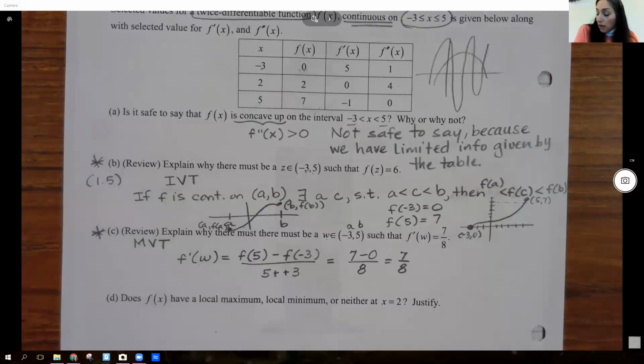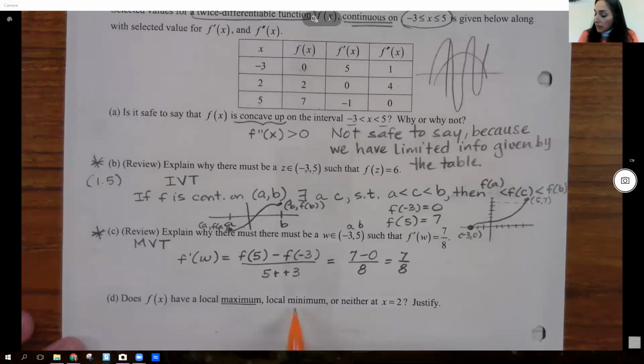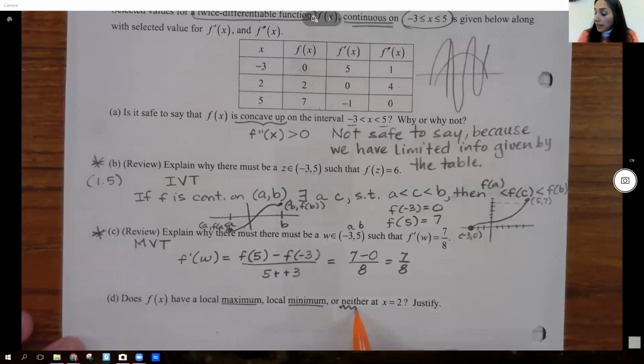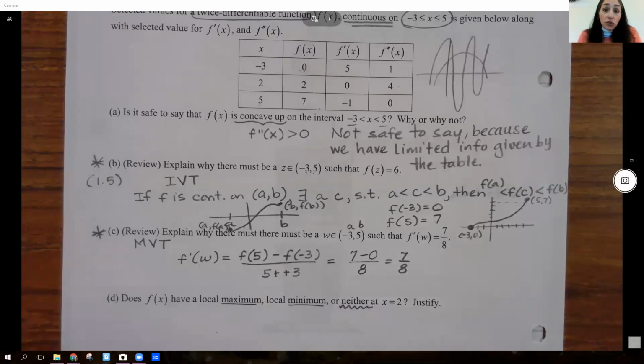Okay. D, does f of x have a local max, a local min, or neither at x equals 2? So we kind of talked about this way back in part A. So let's go back to it and continue that discussion, okay? So is it a local max, a local min, or neither at x equals 2?